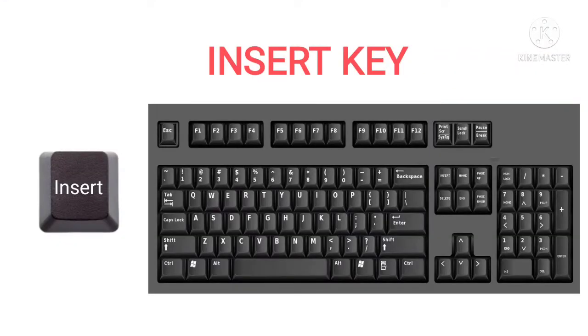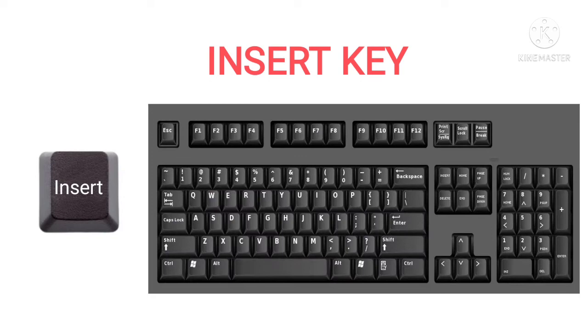Next, the insert key. The insert key turns the insert mode on or off. When the insert mode is on, you can insert text at the cursor position, and when it is off, the text that you type replaces the existing characters. So the use of the insert key is to insert characters. You have to turn this insert key on or off.